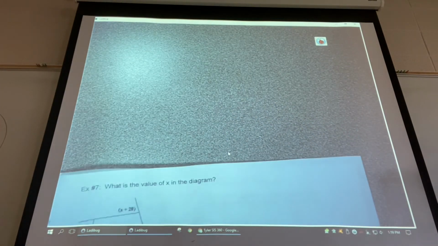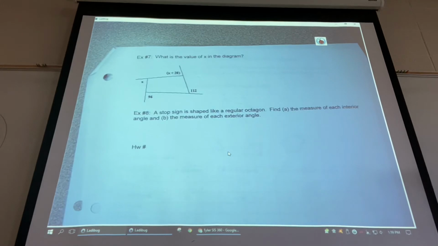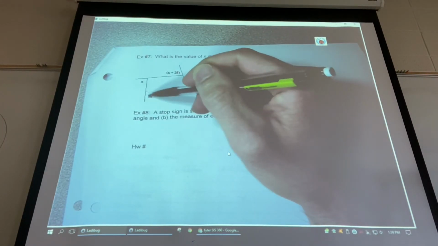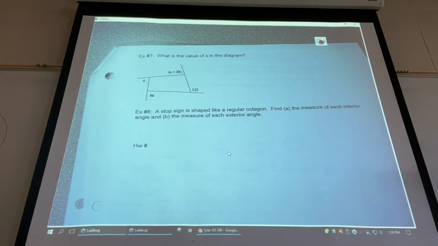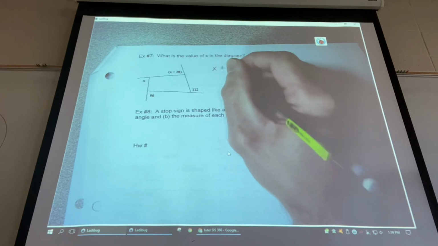All right, let's flip it over, see what's going on. Example 7, what is the value of x in the diagram? Well, what kind of angles are we looking at here? External angles. What do they all add up to? 360.